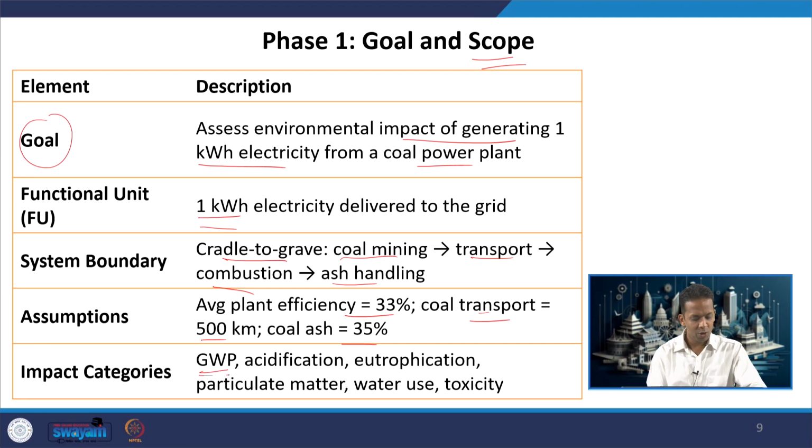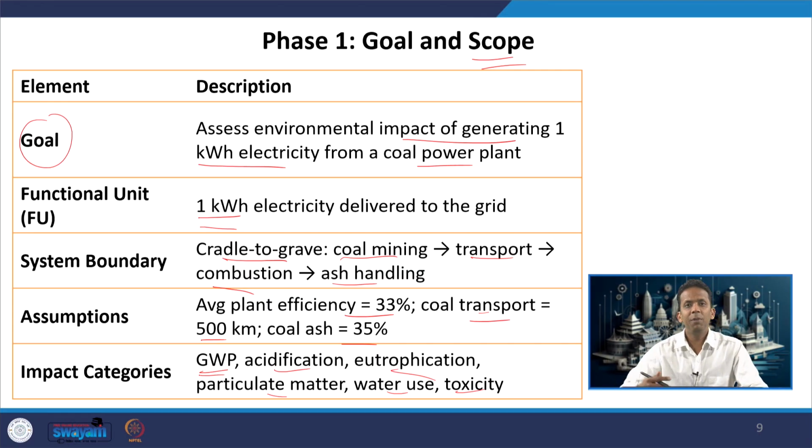So, global warming potential, because it is a power plant case study dealing with emissions having climate change impact. Acidification, eutrophication, particulate matter, water use, toxicity. So, these are the impact categories which are being considered for this case study, and there can be many more, depending on the method that we use, whether it is the ReCiPe method which has almost 18 impact categories, or the TRACI or CML method, we can have a different number of impact categories.